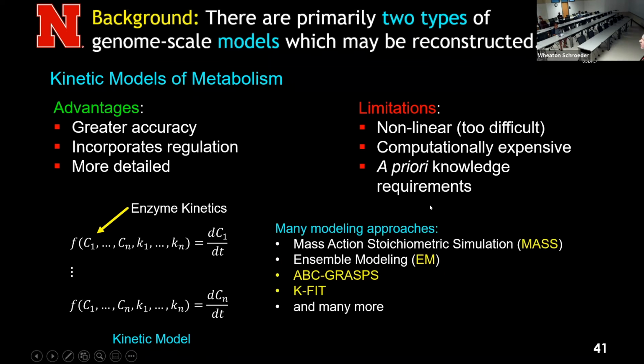There are many modeling approaches and tools currently available for kinetic models, which try to limit these disadvantages. Two of the ones that I will be using the most in my future research will be ensemble modeling and an algorithm called K-FIT, both of which try to predict kinetic parameters and/or kinetic regulation.